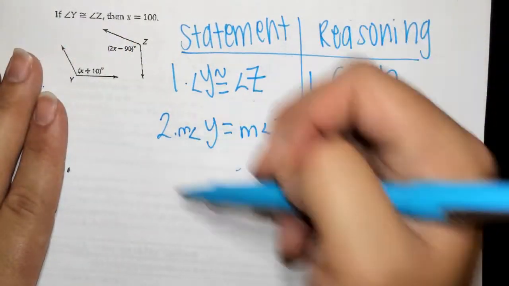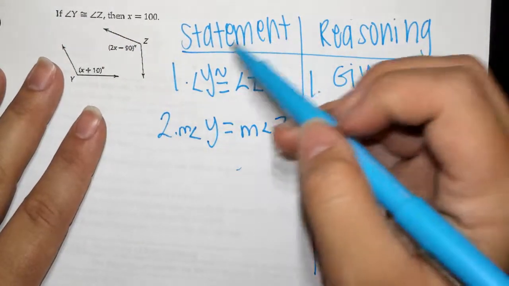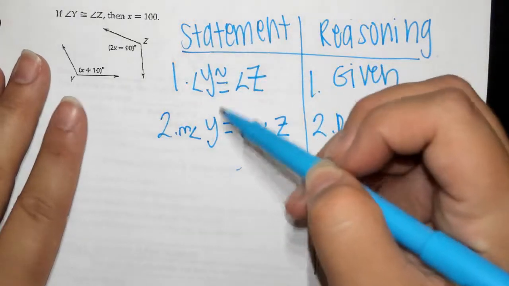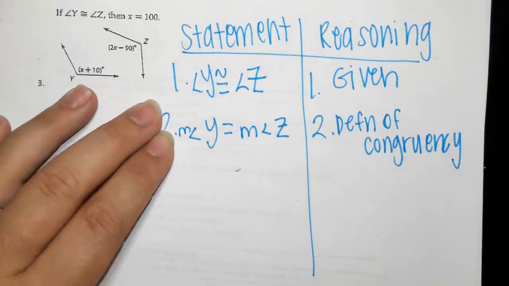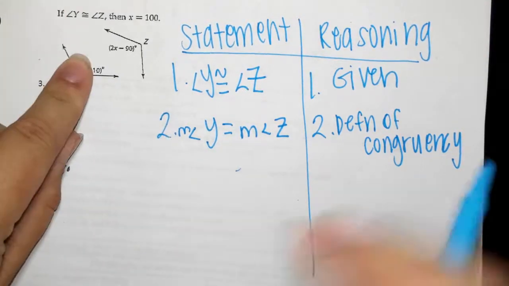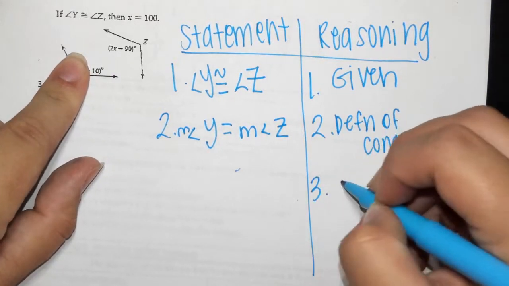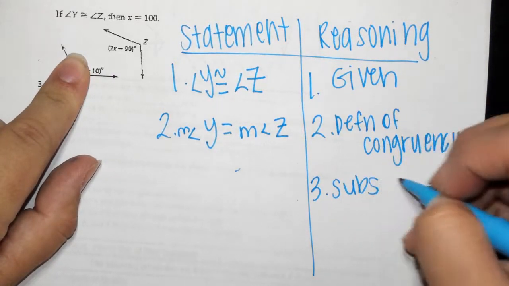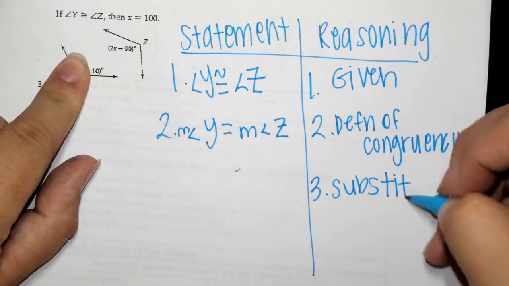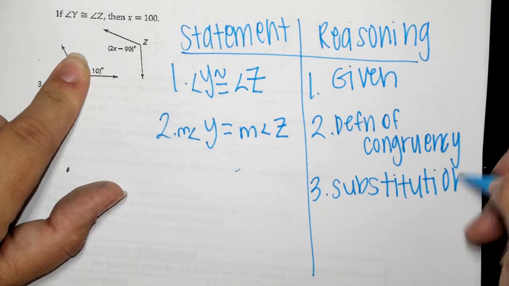You have to tell your story, and part of your story is that if they're congruent, then they're equal. So now that we know they're equal, we can use substitution to plug in the measures.